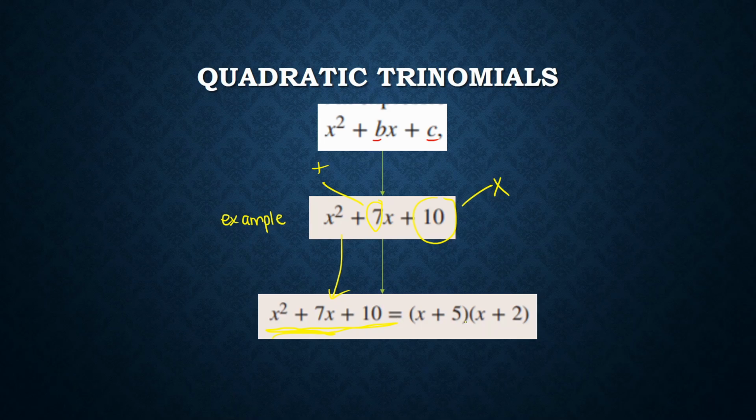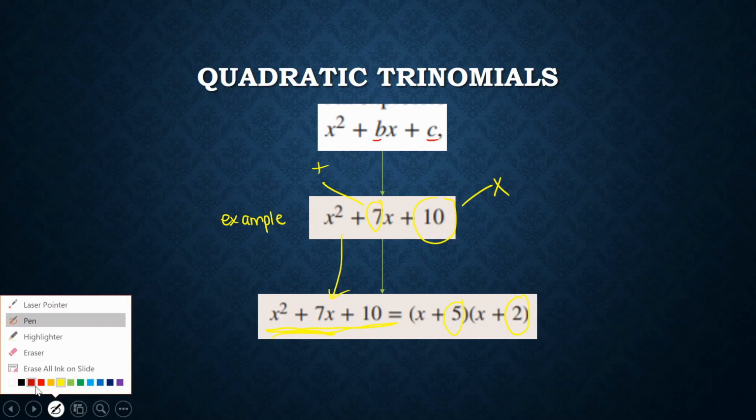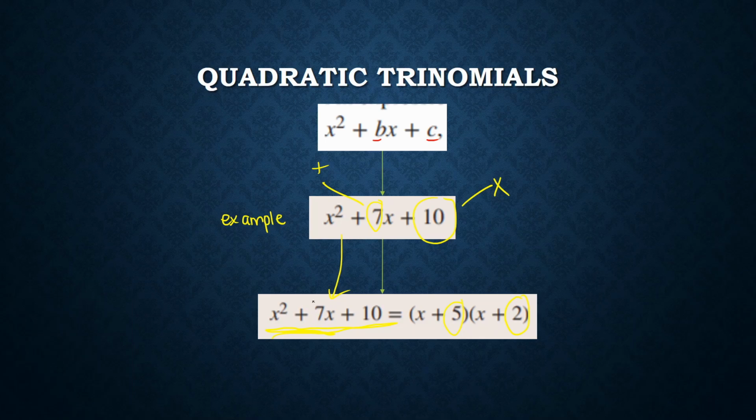So if we look here, two numbers that times together that will give me 10 is 5 and 2. When I add 5 and 2 together, they give me 7. But the symbol in front of the 5 and in front of the 2 has to be positive because the equation says plus 7x. Okay, it doesn't say minus 7x. It says plus 7x.